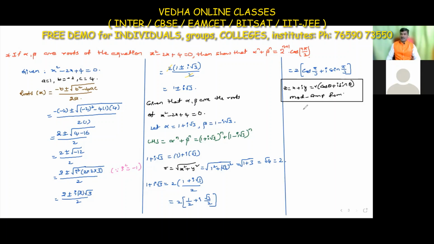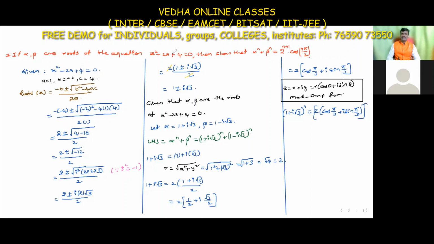Now, this is the value of 1 plus i root 3. Now we want 1 plus i root 3 whole power n. Whole to the power n means this is alpha power n. So 2 into cos pi by 3 plus i sin pi by 3 whole to the power n.